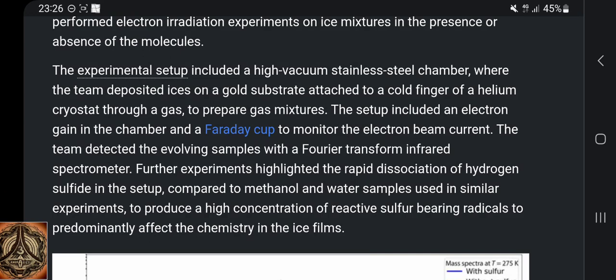The setup included an electron gun in the chamber and a Faraday cup to monitor the electron beam current.